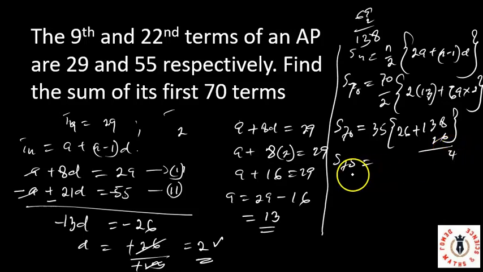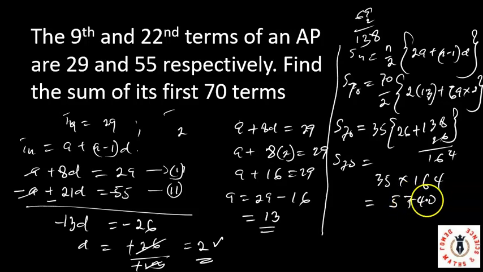Permit me to do it this way quickly. That's 164. That's equal to 35 times 164. That's equal to 5,740 from my calculator.